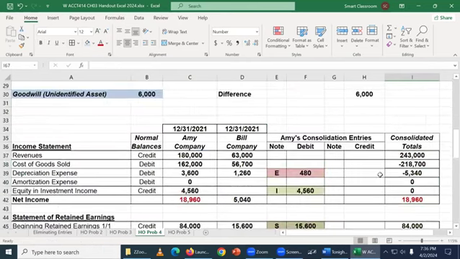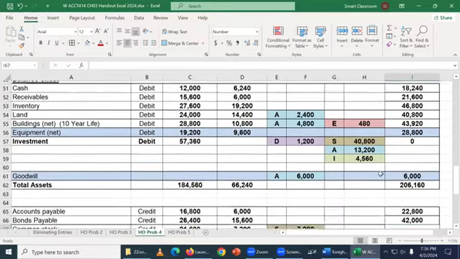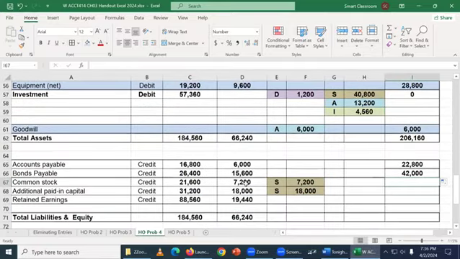And then similar to what we have up there, it's just going to be the owner's equity.